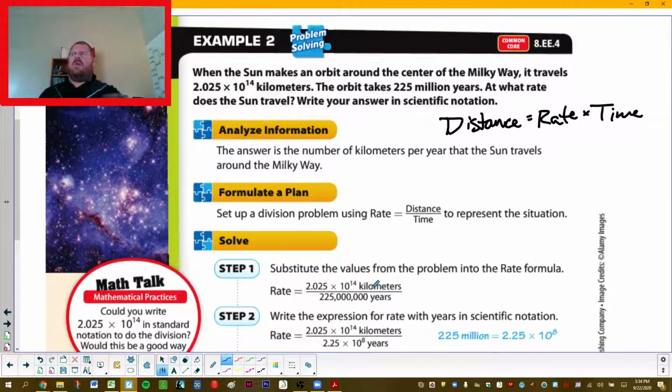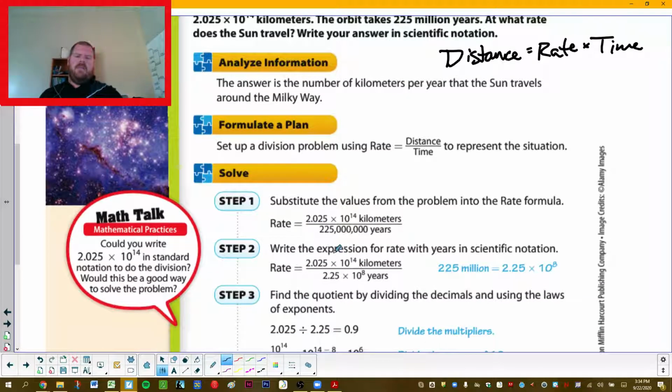So when you're talking about how fast something goes, miles per hour, kilometers per hour, meters per second, those are all a distance divided by a time. And that's what we're trying to find here. So they use the scientific notation strategy. They have 2.025 times 10 to the 14 kilometers.